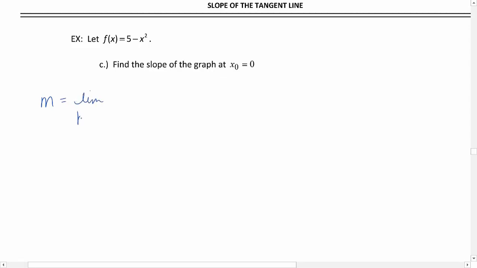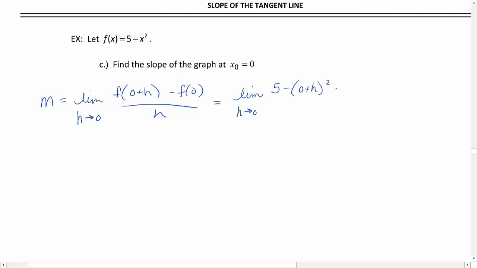It's going to be the limit as h approaches 0 of f of 0 plus h minus f of 0 all over h. This is the limit as h approaches 0 of 5 minus (0 plus h) squared minus (5 minus 0 squared) all over h.